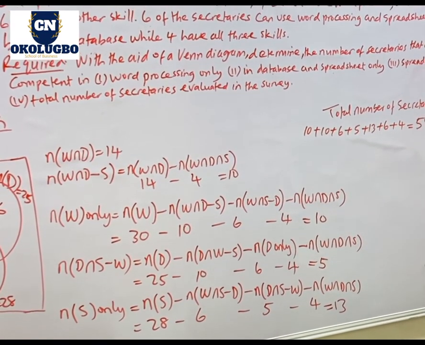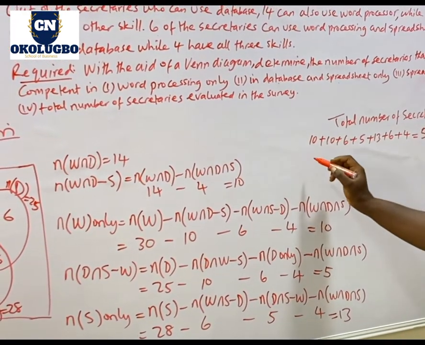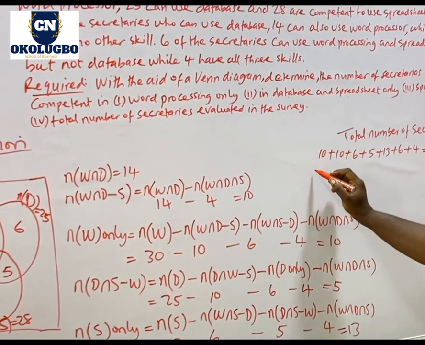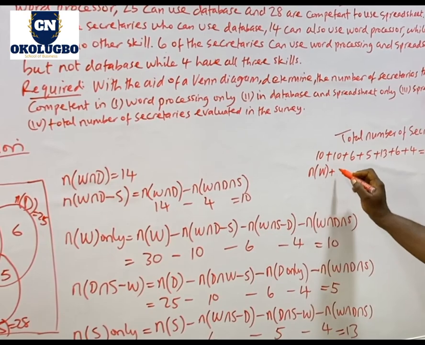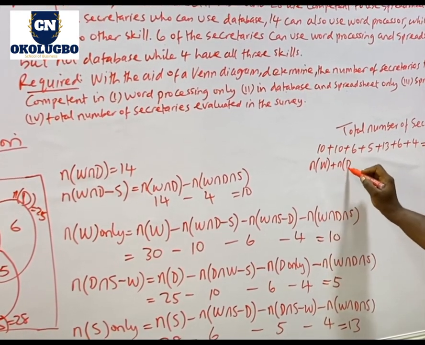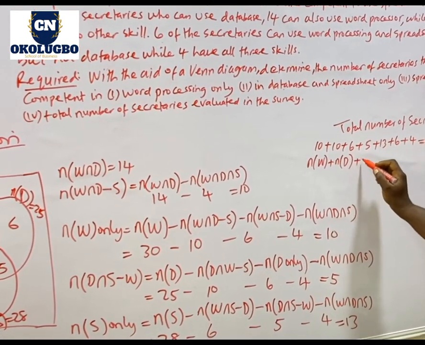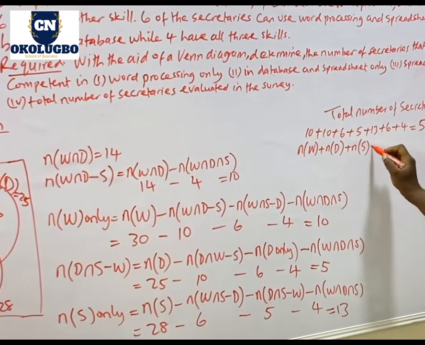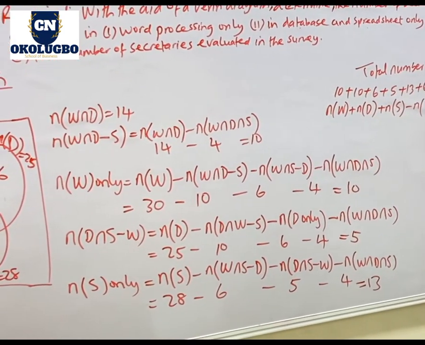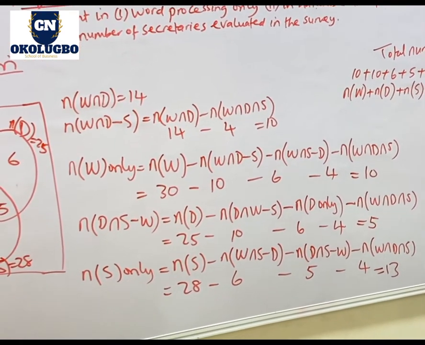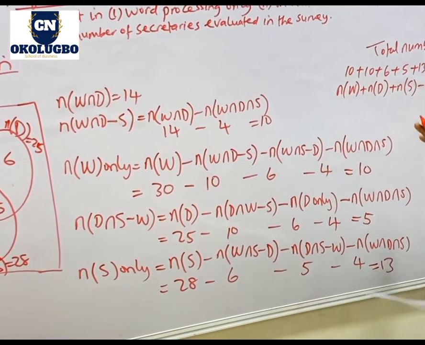Now, if we use our formula, of saying the number of Word plus the number of database plus the number of spreadsheets minus the number of Word and spreadsheet, we don't really have that information to solve here.